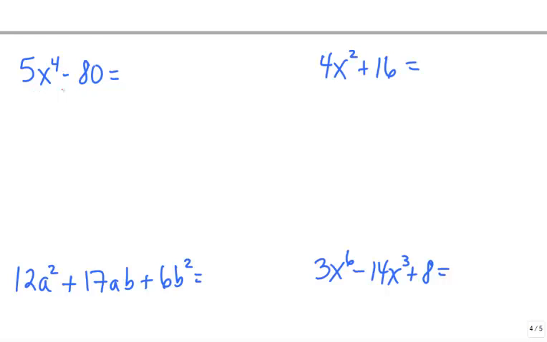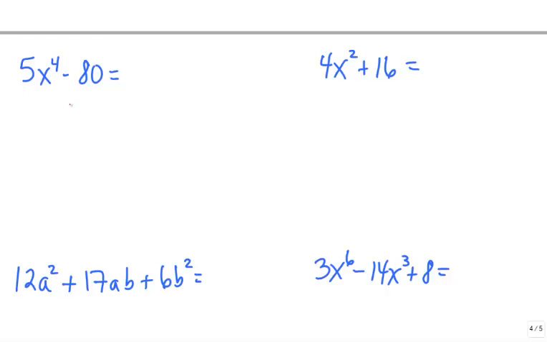Now right away you should notice that this only has 2 terms. So if this is going to factor, the only way that it's going to factor is if this is a difference of squares. And 5 is not a perfect square, and 80 is not a perfect square. So it doesn't seem likely that this is going to factor using that difference of squares pattern.